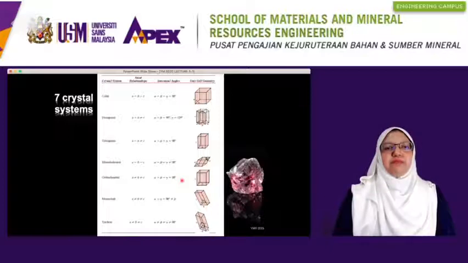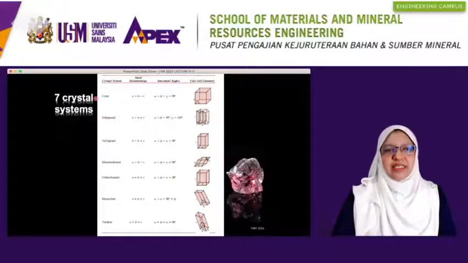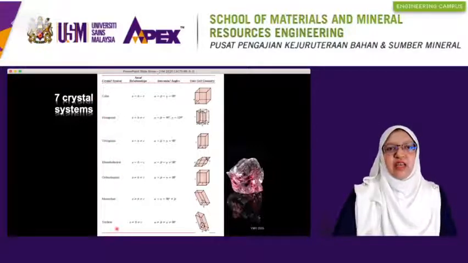Here are the 7 crystal systems. We have cubic, hexagonal, tetragonal, rhombohedral, orthorhombic, monoclinic, and triclinic. The difference between them is the axial relationship and interaxial angles.